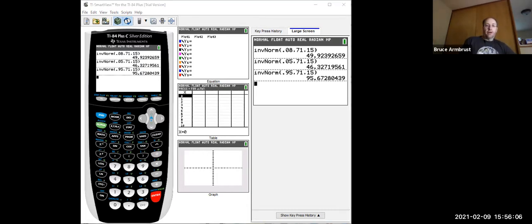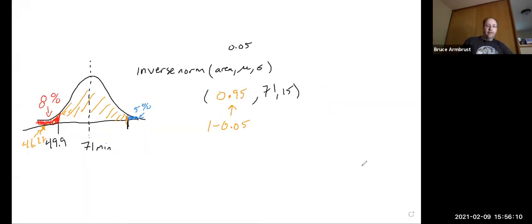And if we were to go back and look at where that is on our graph, 95.67, well, that's definitely a reasonable number for up here, right? It's very many minutes above 71. So that's one way that you can actually get that value if you're looking for something above.